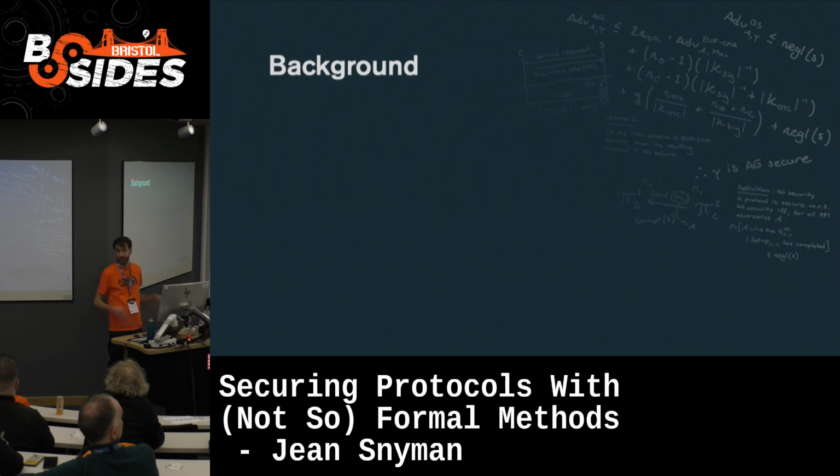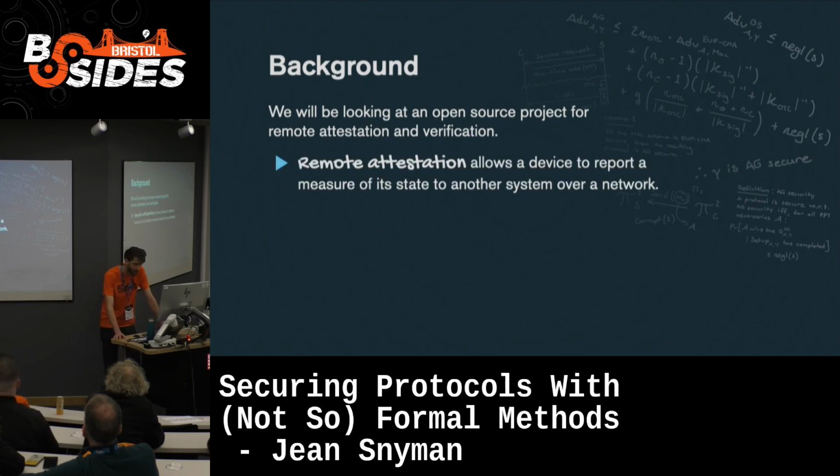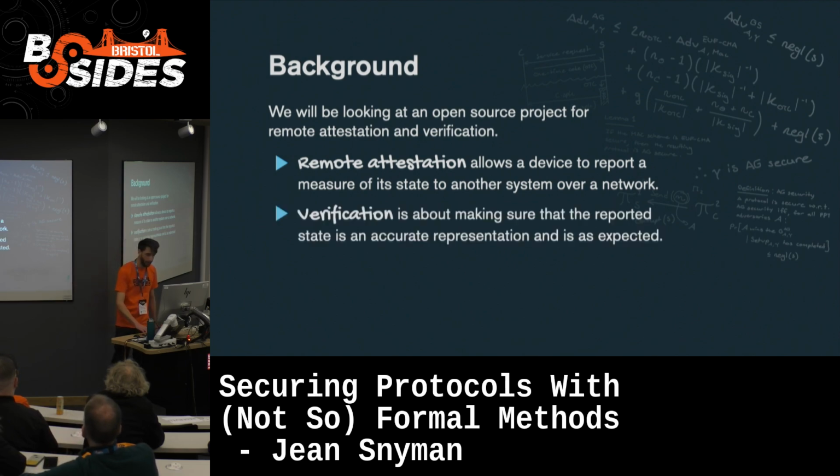All right, so I'm going to present to you a problem, or a given scenario, really. We're going to be working with an open source project that does remote attestation and verification. So what does that mean? Remote attestation is a technique that allows a device to report its state to another system, and then that other system will verify the state.